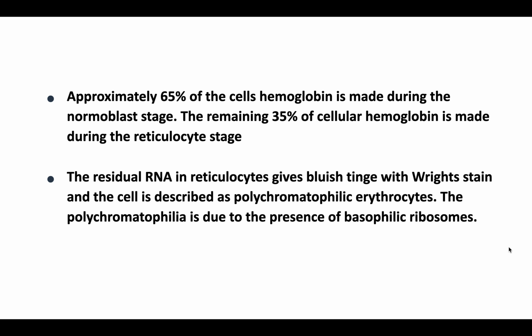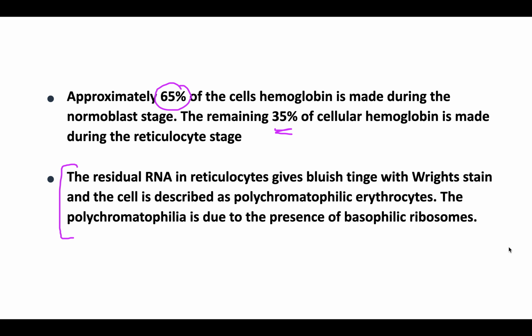About 65% of hemoglobinization takes place during the normoblast stage, and the remaining 35% takes place during the reticulocyte stage. So this is also the purpose of the reticulocyte: to complete hemoglobinization.